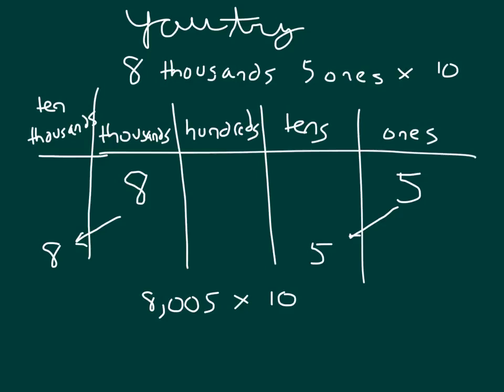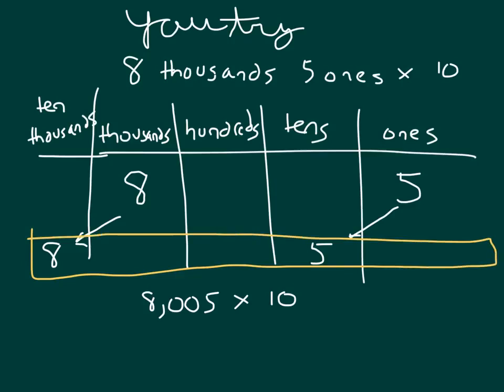And so when we're looking here, how would we write this number? It's 8, 0 in the thousands, 0 in the hundreds, 5 in the tens, 0 in the ones. Where do you place the comma? 1, 2, and 3, comma.